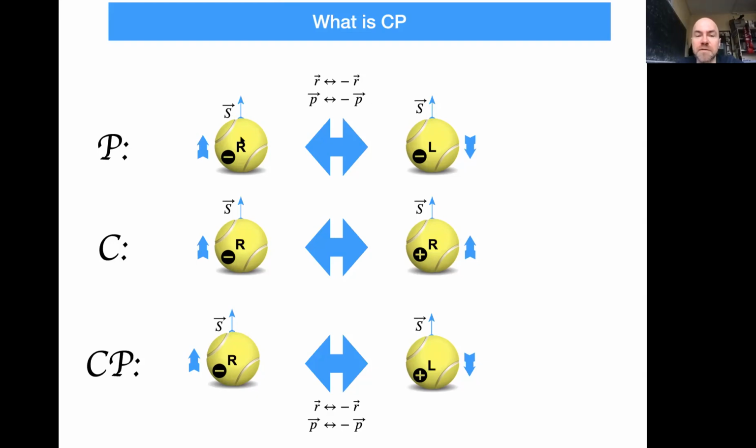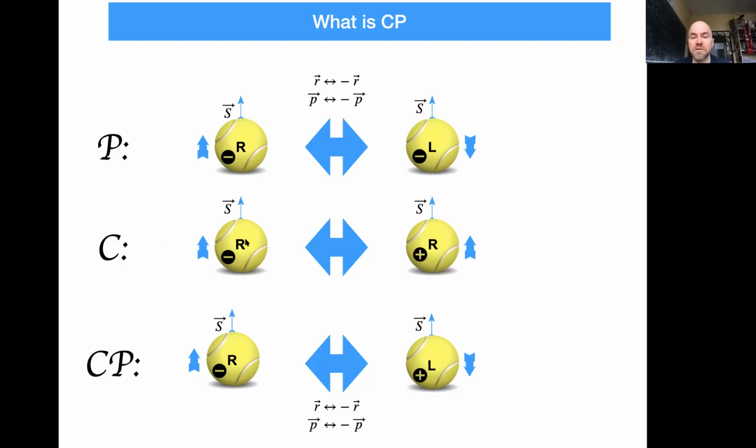So it will change the momentum of the particle, it will not touch its spin, and it will not change its properties like charge. But because it changed the momentum, the helicity, which is the projection of the spin on the momentum, also changes from right to left. So parity, like a mirror, changes left to right.